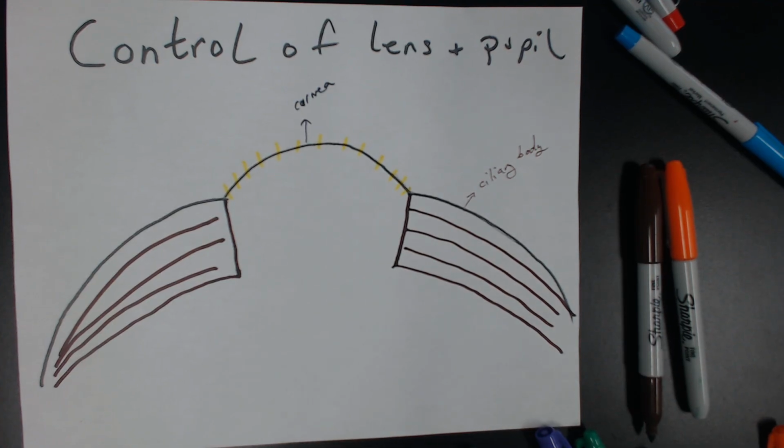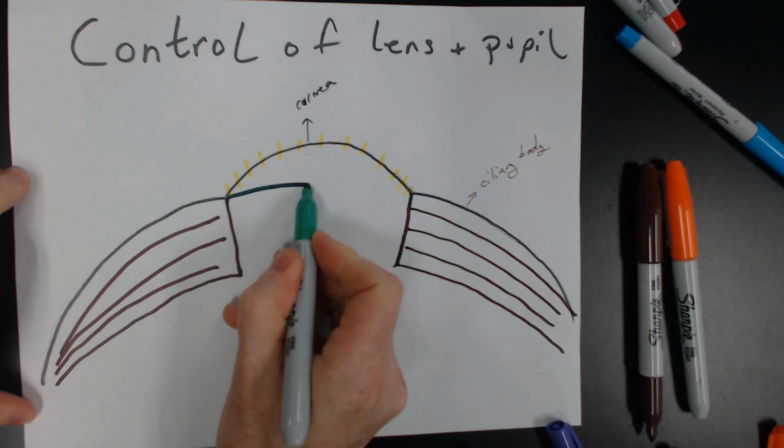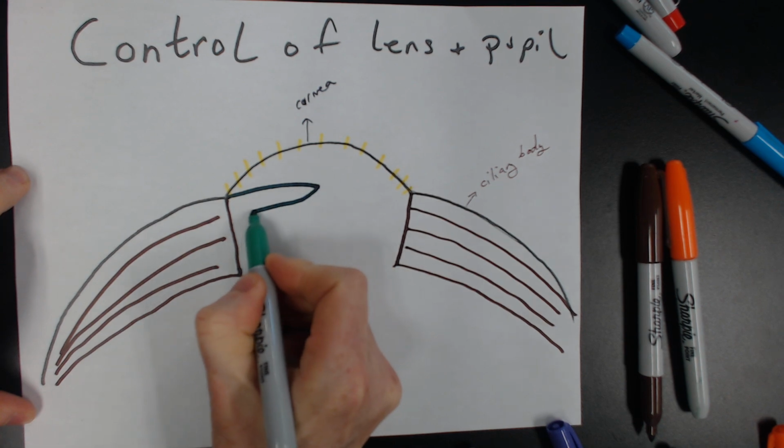Coming off the ciliary body, we just saw this person with green eyes, is going to be your iris. So here's your iris.